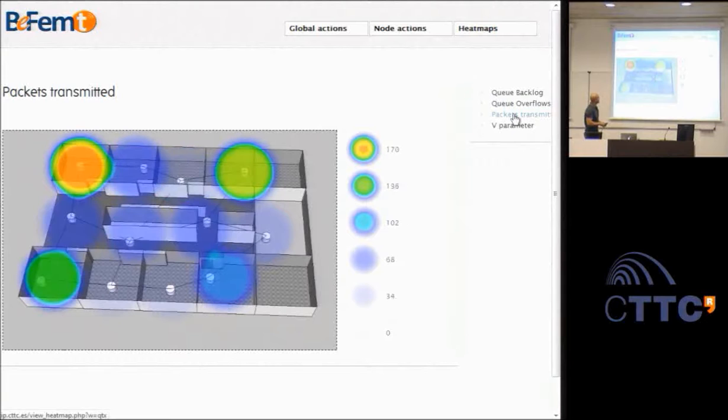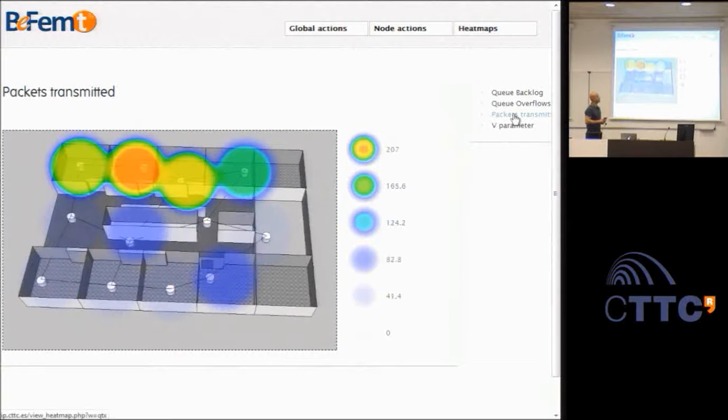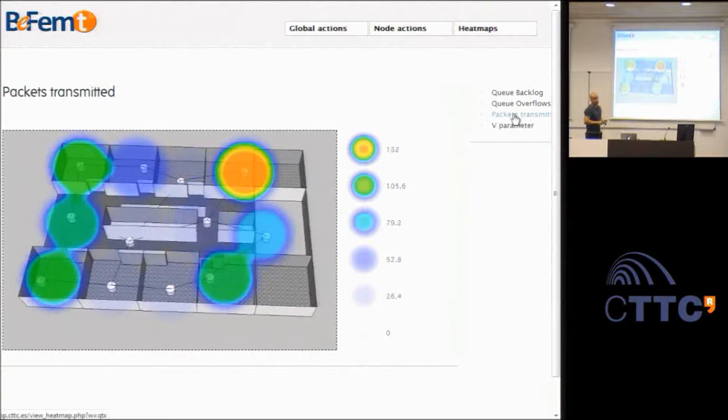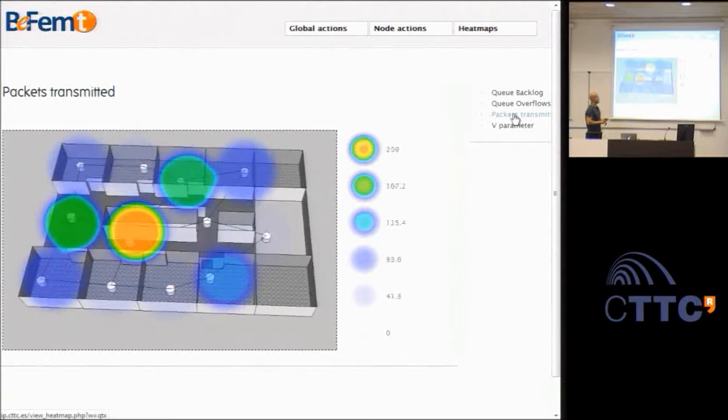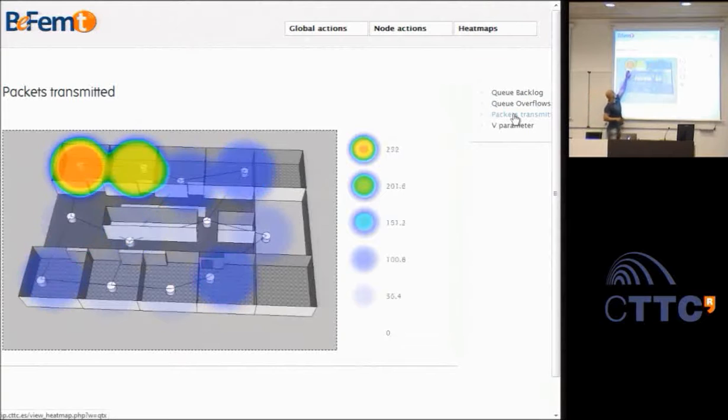And as we can see here, this is the node with the most packets transmitted, as a result of that it is the only node able to pull packets from the network of femtocells. So this is the most congested region in the all wireless network of femtocells.